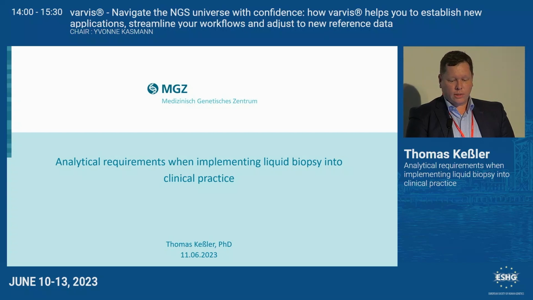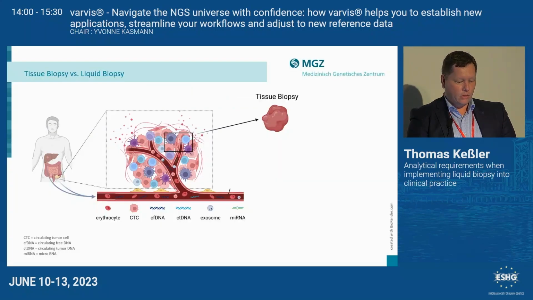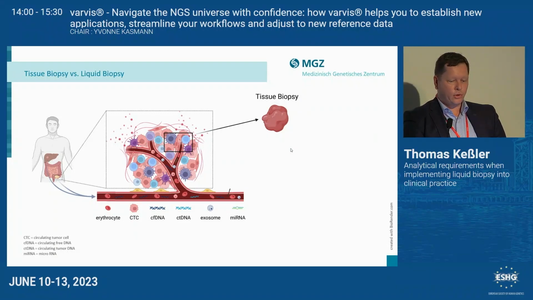So first of all, liquid biopsy, what is that all about? In the moment, the field of liquid biopsy is mainly important for cancer genetics. And here you have a distinction of a liquid biopsy versus a tissue biopsy. You probably all know that the tissue biopsy can be hard to obtain.